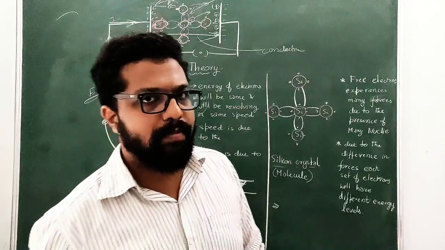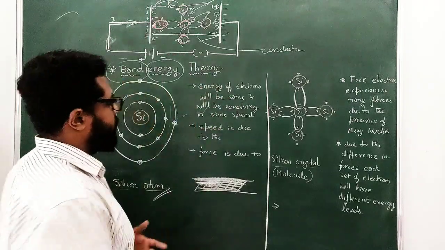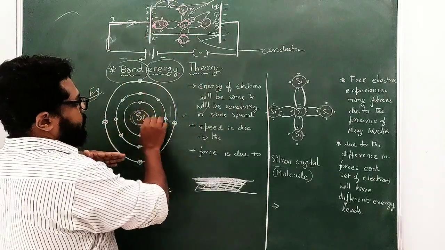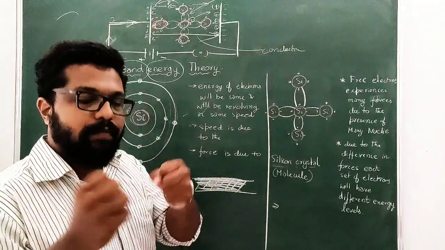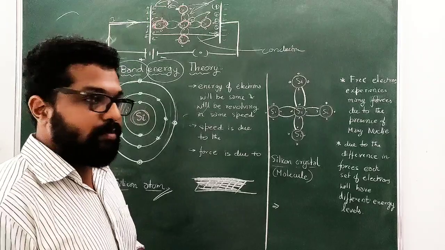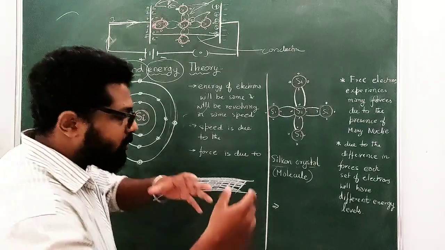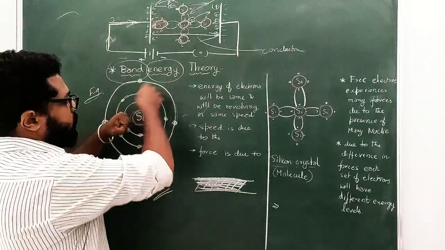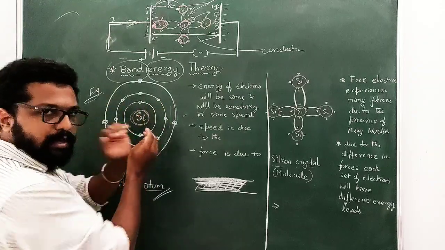I hope you all know what it means. The nucleus, which is here, has nuclear energy, obviously. You know the strongest form of energy is nuclear energy, even stronger than gravitational force. So this one pulls the outermost electrons. I mean, all the electrons are attracted, of course.